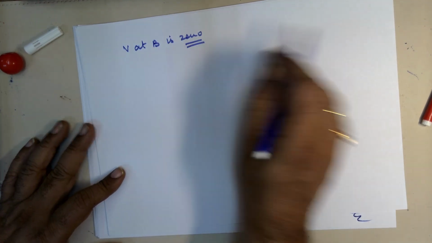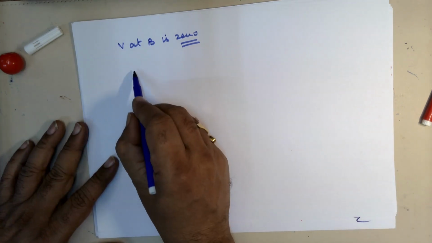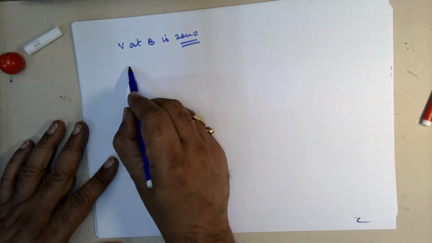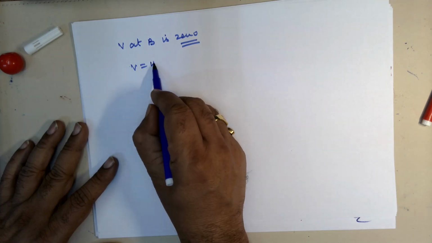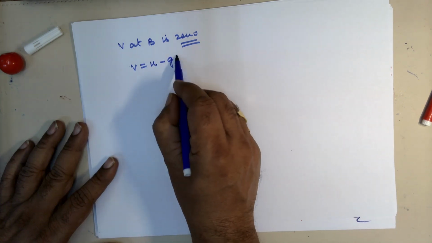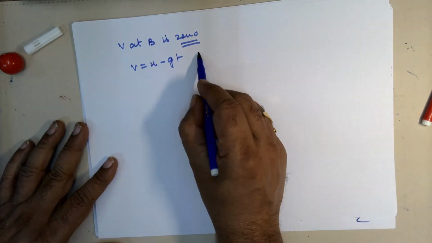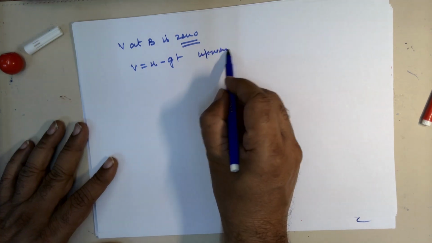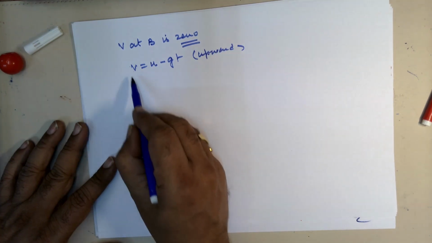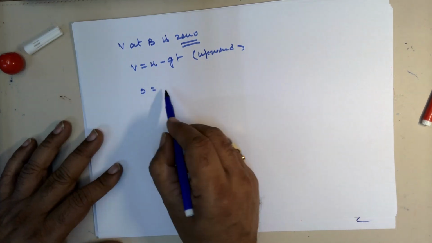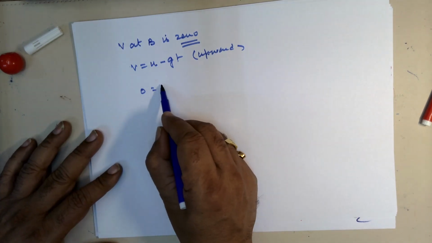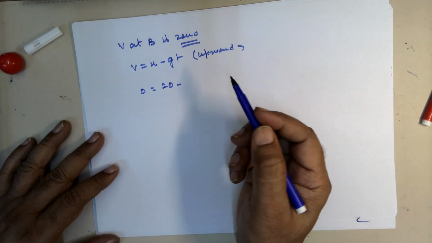Take down this point. Therefore, we can apply this equation. What is our gravitation equation? V is equal to what? U minus gt because it's an upward one. So in that case, V is equal to 0. And what is U? 20 meter per second.